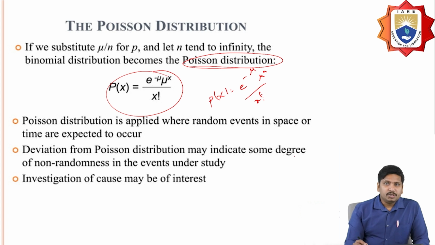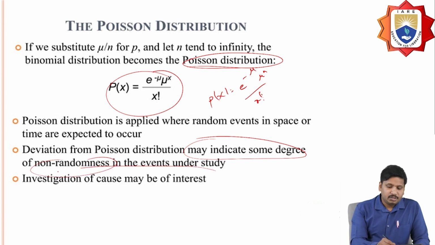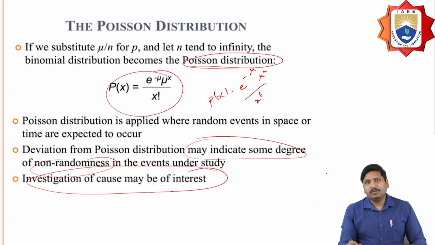The Poisson distribution is applied when random events in space or time are expected to occur, and deviation from the Poisson distribution may indicate some degree of non-randomness in the event under study. So the investigation of the cause may be of interest.